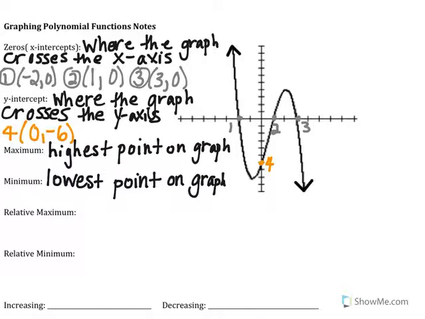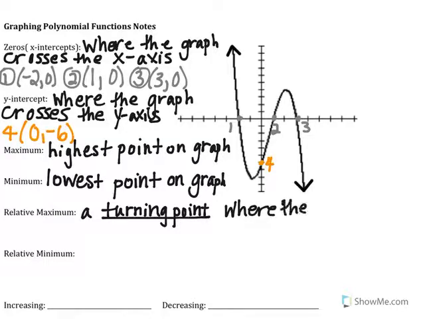So a relative maximum is a turning point, and I would underline that because it's not an actual maximum point, but it kind of looks like it if you ignore the arrows, where the graph changes from increasing to decreasing.